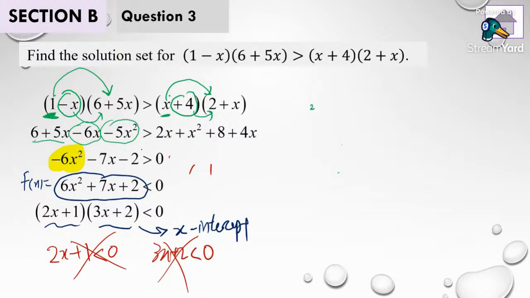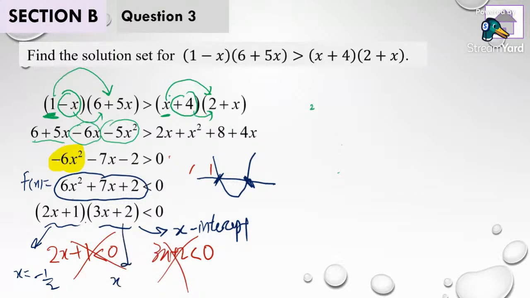So as a result, this graph is a smiling face curve with the x-intercept, where the first bracket gives me the x-intercept as minus 1 over 2.